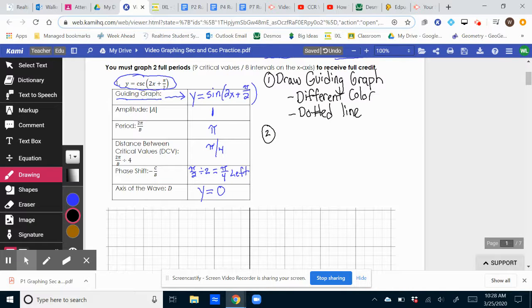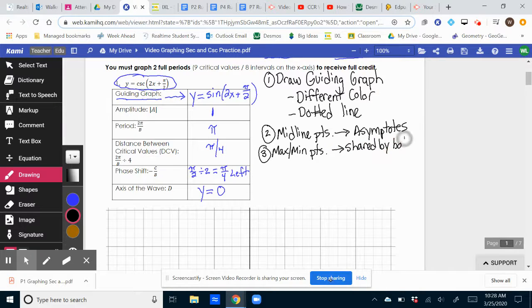Okay, number 2, midline points are going to become vertical asymptotes. You'll see what that means in a sec. Max and min points are shared by both the guiding graph and the actual graph.